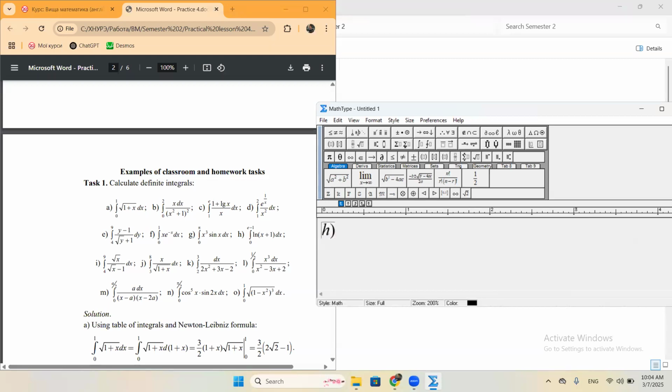So again, we will have to integrate by parts, but there is another case. So we will calculate an integral from a natural logarithm.